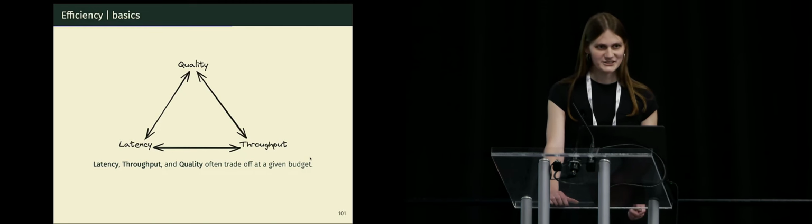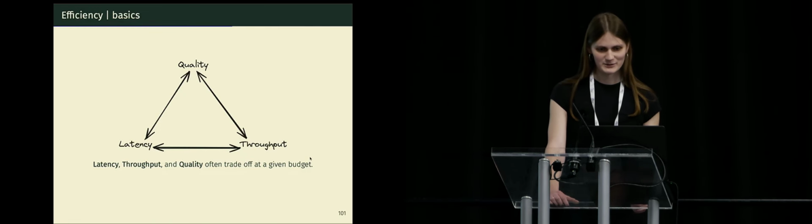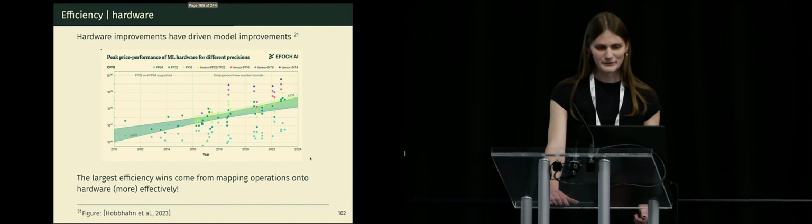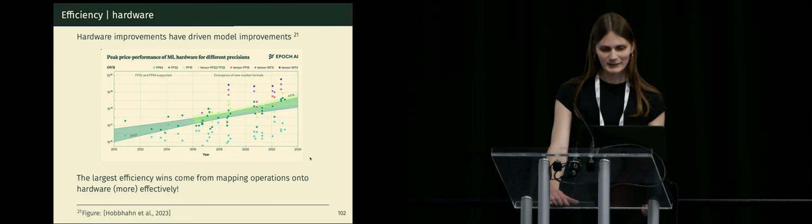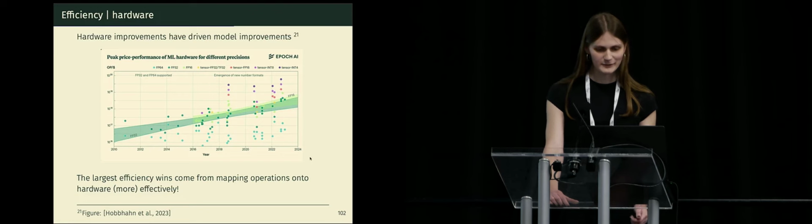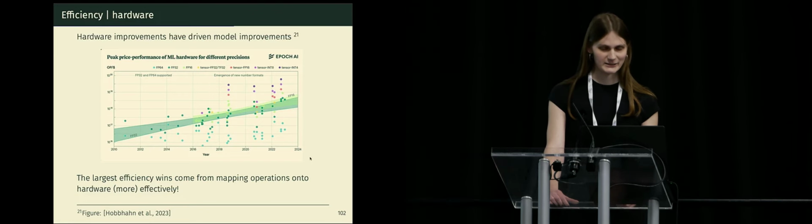For example, a language model that arbitrarily returns the empty string upon every user input would be easy to serve with minimal latency and maximal throughput. But for a given model, like say Llama 3 70 billion, we'll have limitations based on our hardware of how many requests we can serve and, given the volume of requests, how much latency we can tolerate.